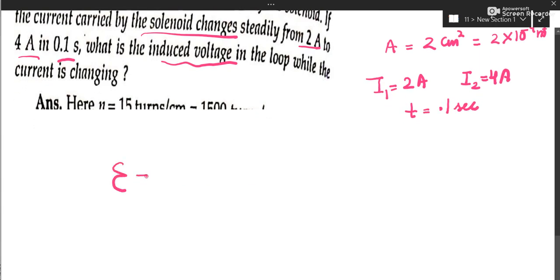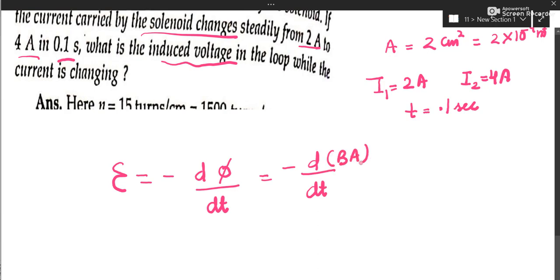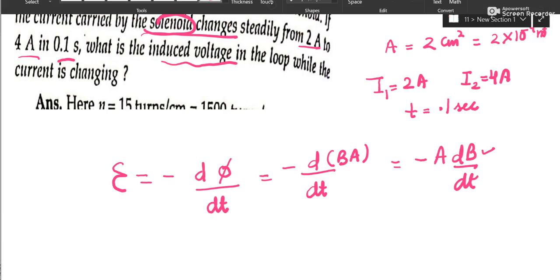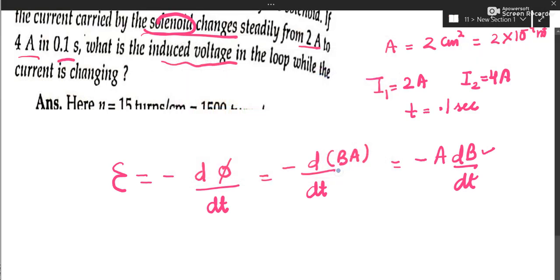So we know that induced voltage is given by minus d phi by dt according to laws of EMI. Flux can be written as BA, cos theta is 1. Okay, so area outside, it's dB by dt, and B is of solenoid, that's mu naught N I. Let us substitute here.